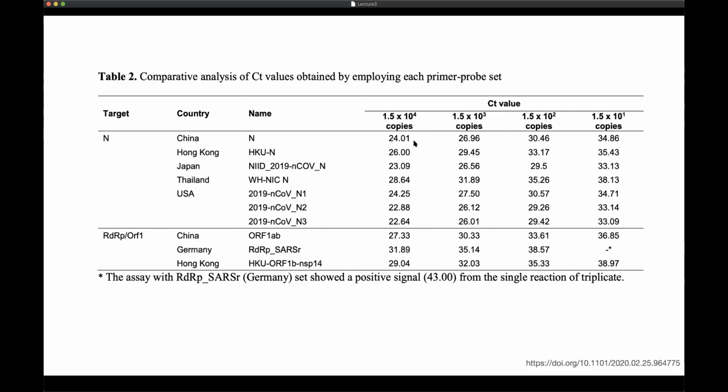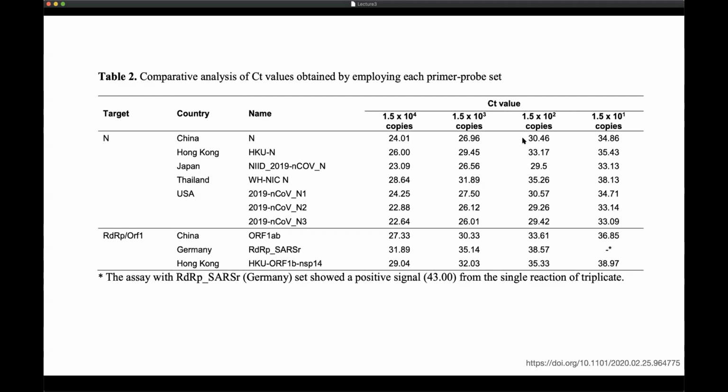And you would also expect, based on very simple elementary college algebra, that there's 10 times fewer copies here. So you need to do about 3 cycles of PCR. So 2 times 2 times 2 is 8, times 2 is 16. So somewhere between 3 and 4 cycles to cover for this 10-fold dilution.